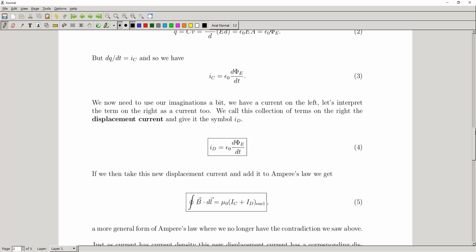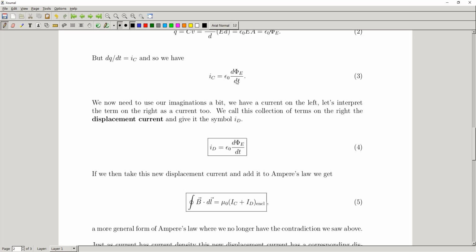But this is where we need to make a bit of a leap. We're writing our current in terms of these variables over here, but maybe we can actually interpret this right-hand side of the equation as a current itself. So let's call all this stuff, epsilon naught times the time derivative of our electric flux through that open surface, our displacement current.